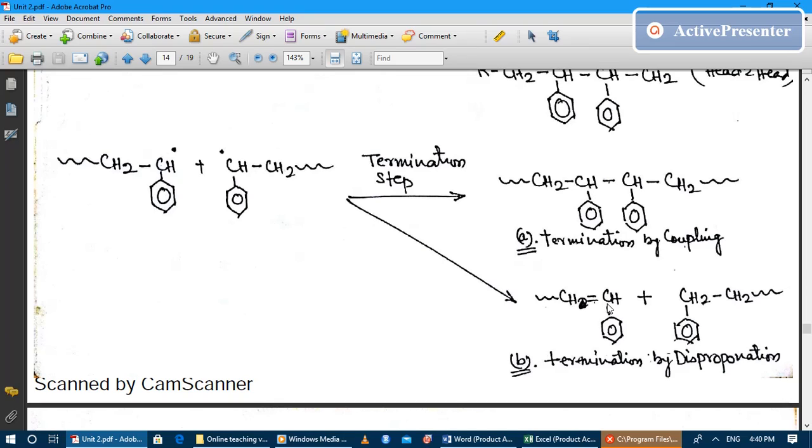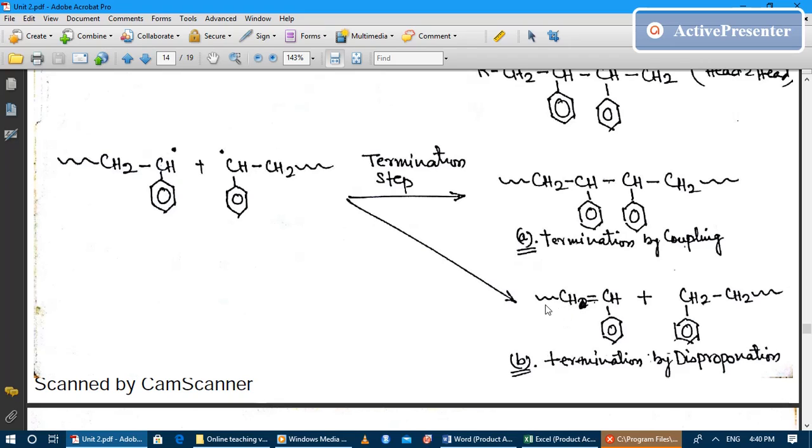So how can we distinguish between the mode of termination, either by coupling or disproportionation? If a double bond is present in the structure, then we can say termination is by disproportionation. And why do we call it disproportionation? Because there is a disproportion of one hydrogen atom between these two chains.